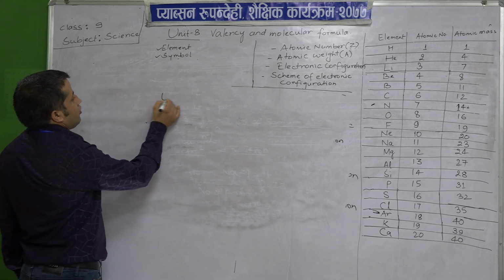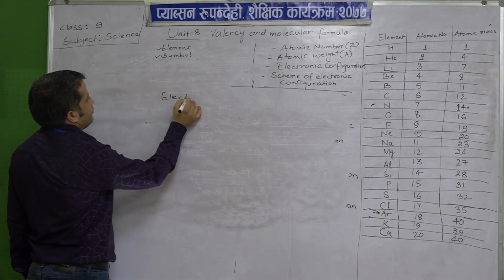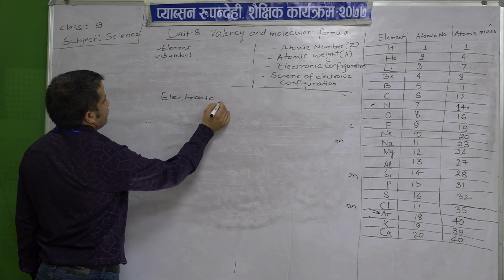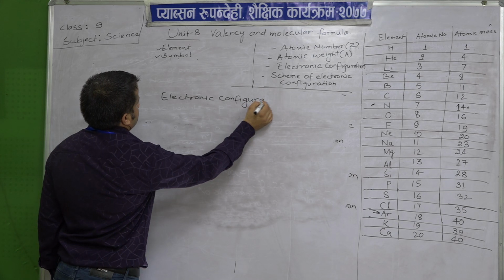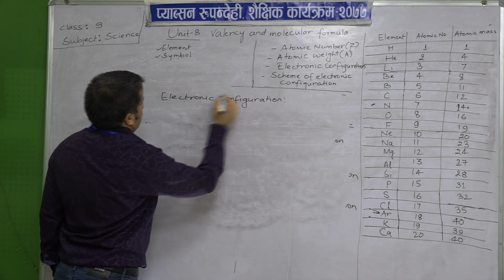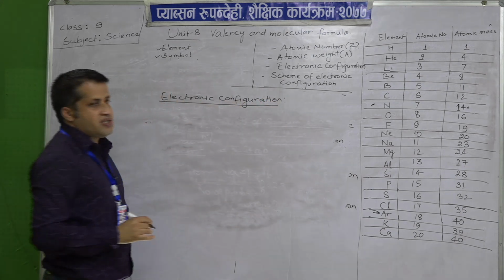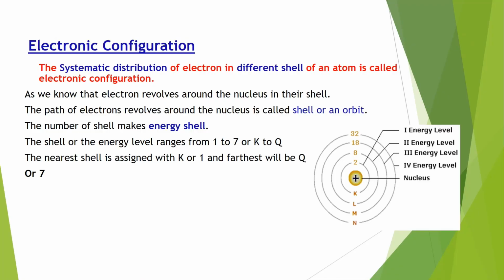So, electronic configuration. Okay, please look at the slide. So, electronic configuration means the systematic distribution of electrons in different shells of an atom.